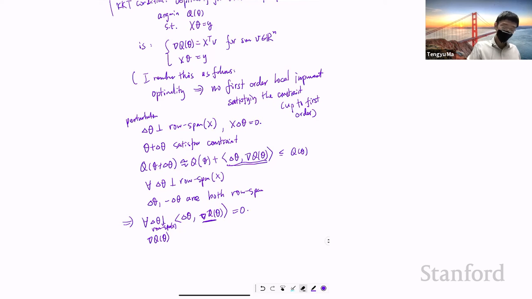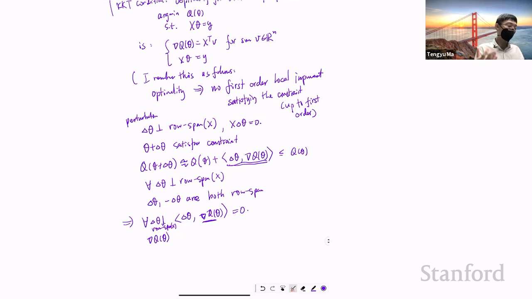So I guess maybe I'll just briefly go through the steps that we have discussed. I was saying that if you have the perturbation, you always satisfy the constraint, right? If the perturbation is orthogonal to the row span of X, then you always satisfy the constraint. And we want to figure out under what condition this perturbation will never improve your function, will never make the function bigger.